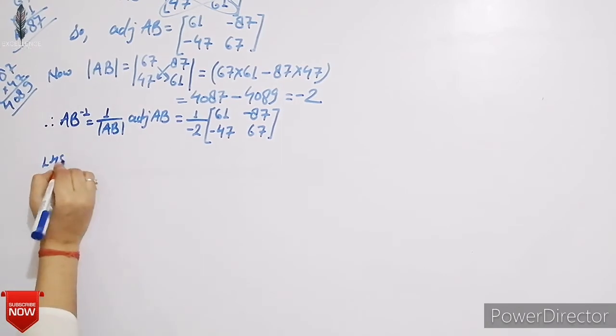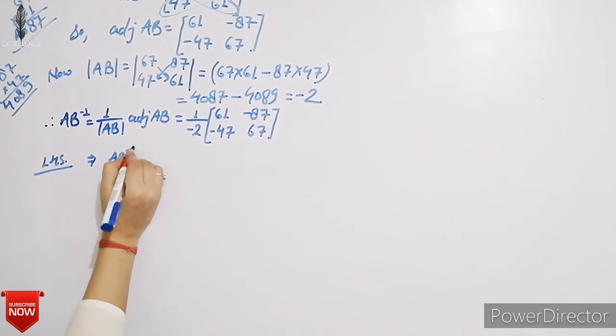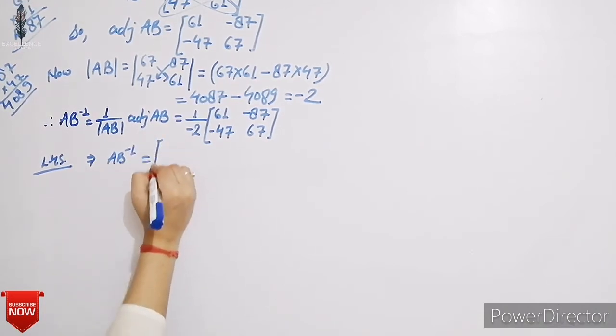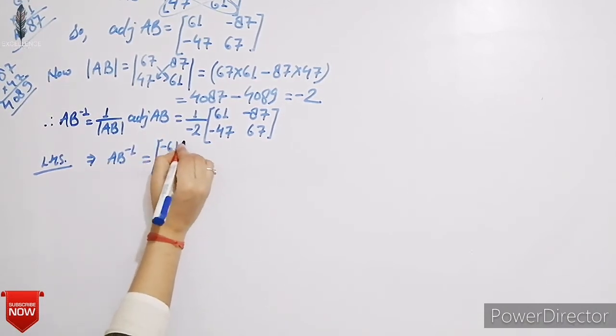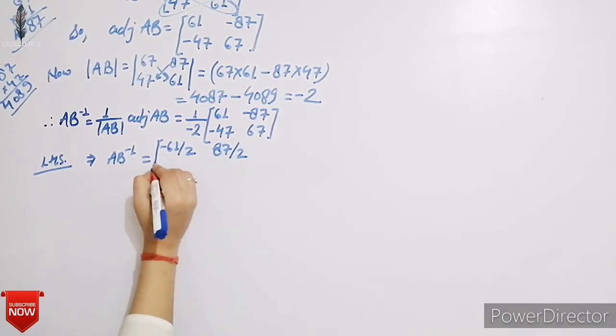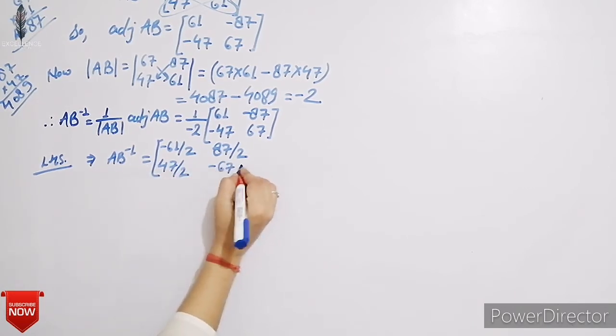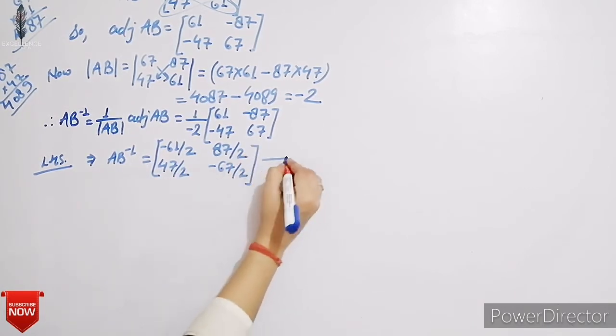So LHS, (AB) inverse, is equal to minus 61 by 2, 87 by 2, 47 by 2 and minus 67 by 2. Let it be equation first.